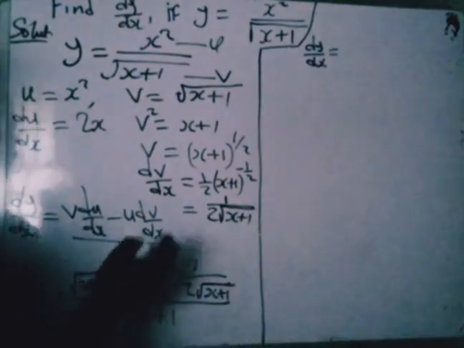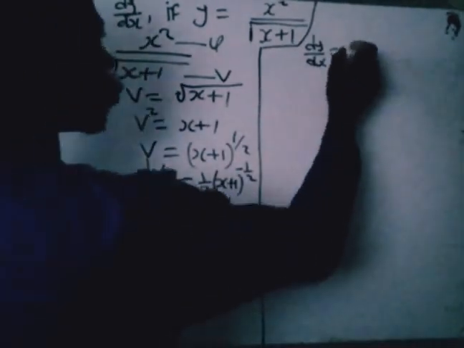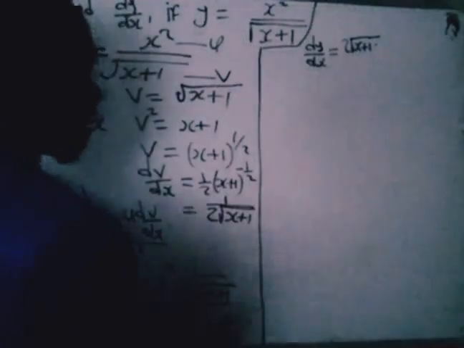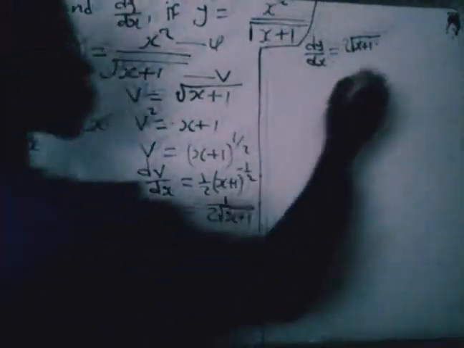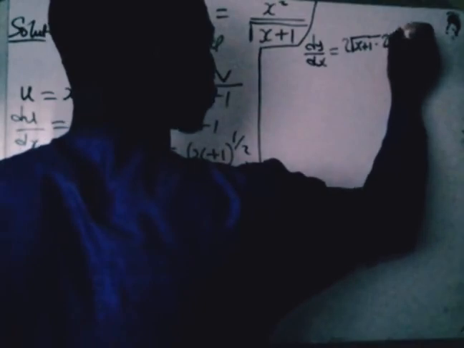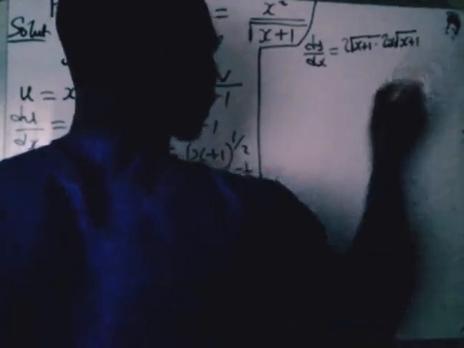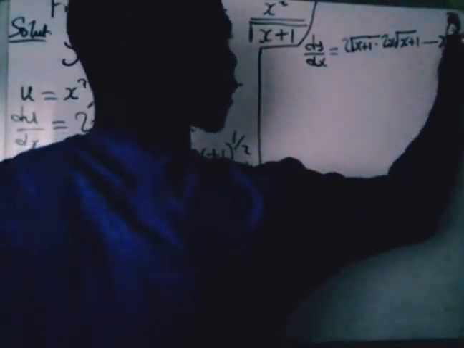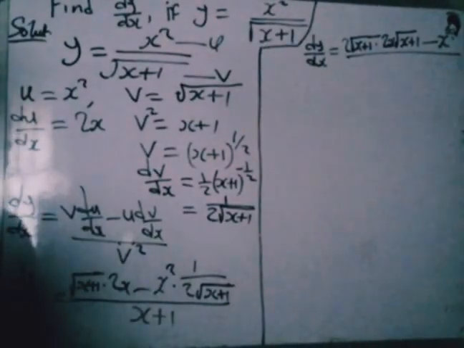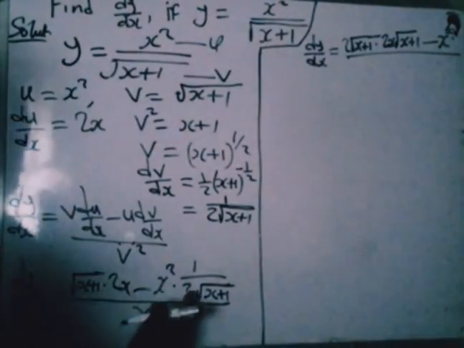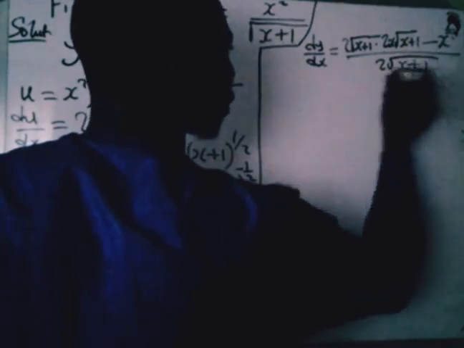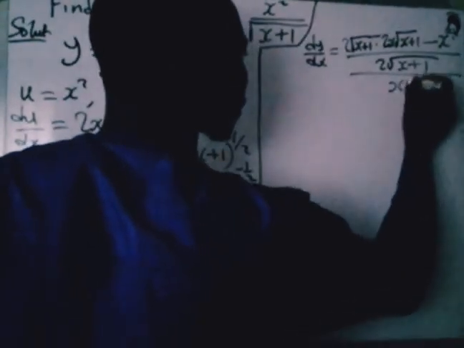That is, we'll have 2 root x plus 1 multiplied by 2x root x plus 1, then minus x squared, all over 2 root x plus 1, all over x plus 1.